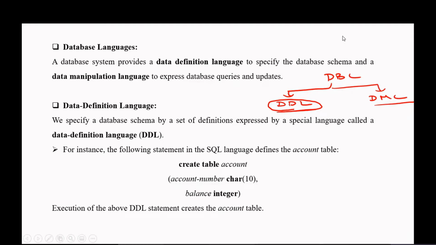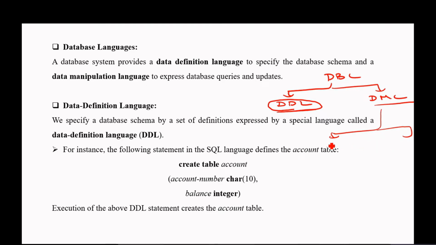Okay, coming back. So database languages we can broadly classify into 2 parts: data definition language and data manipulation language. DML can again be categorized into 2. Part 1 is procedural and the second one is declarative. ठीक है, एक part आपका procedural हो जाएगा.